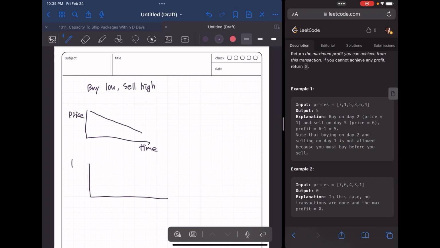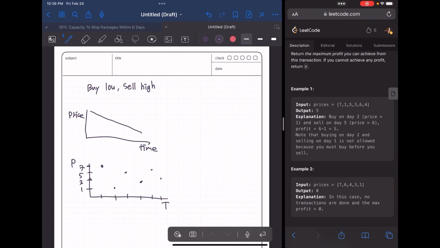Price over time, say 7, 1, 5, 3, 6, and 4 for each day.